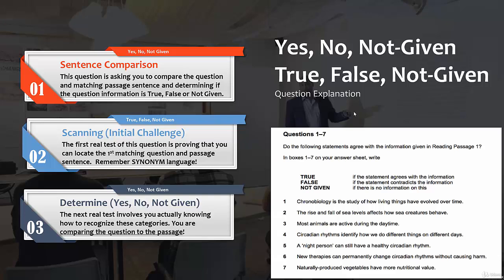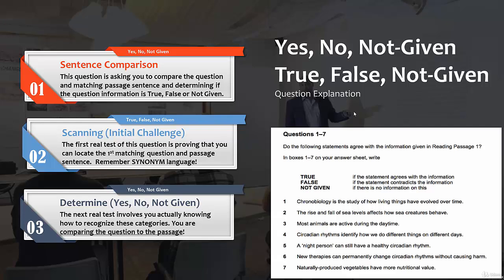So, for example, if question number 3 has a person's name, Alexander the Great, that name is going to be pretty easy to find. So, if I find number 3 first, that tells me that number 2 and 1 are directly above it, and numbers 4 and 5 are below that. So having really good scanning technique for this question is very helpful.